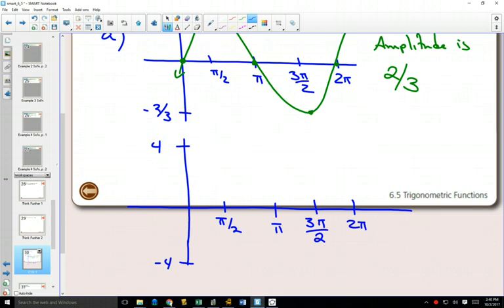So if a cos graph normally starts at a maximum, where will a negative cos graph start? At a minimum. So this one is going to start down here. It's going to go to the middle, then to the next maximum, back to the middle, and back to the minimum.